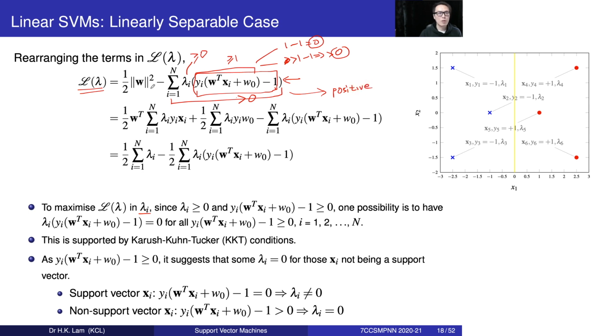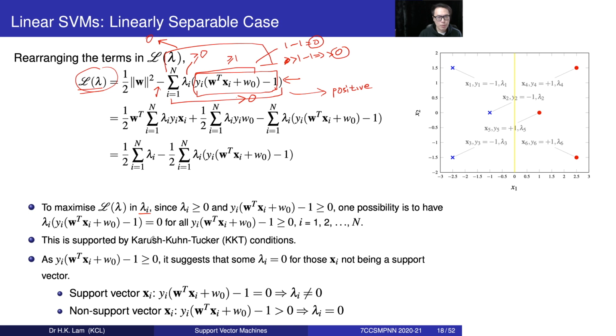When we have a minus sign right here, this minus positive term is always negative, with the maximum value being 0. So if we would like to maximize L with respect to lambda, we are going to make this term 0, so that the whole term L can be maximized.